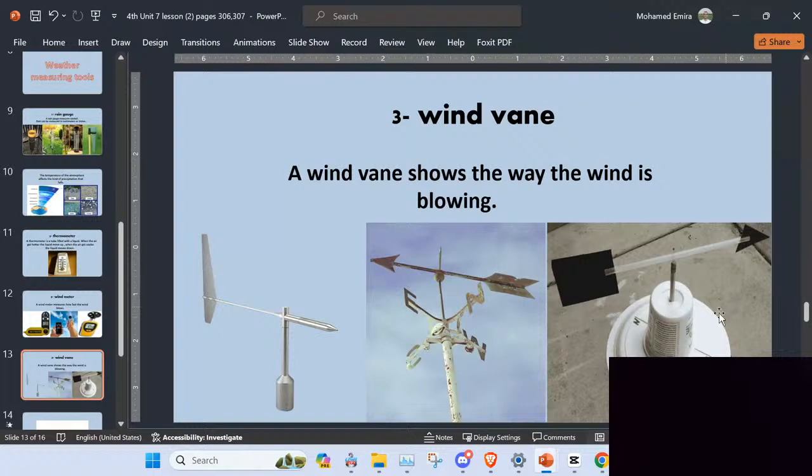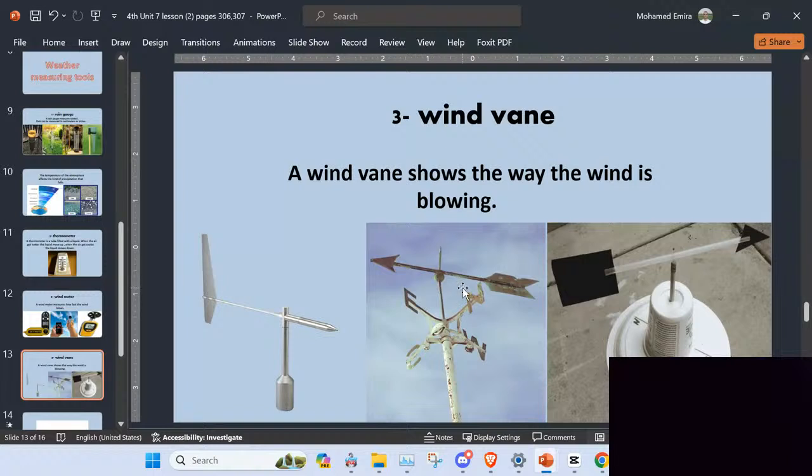Let's take this one, for example. If you look at this one, you'll see that it's going between south and west. The wind is southwest exactly at this point, so it's coming this way. Same example here. The wind is south and east, so it's coming this way.